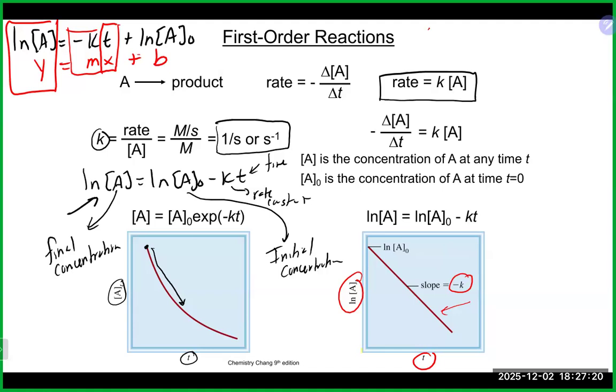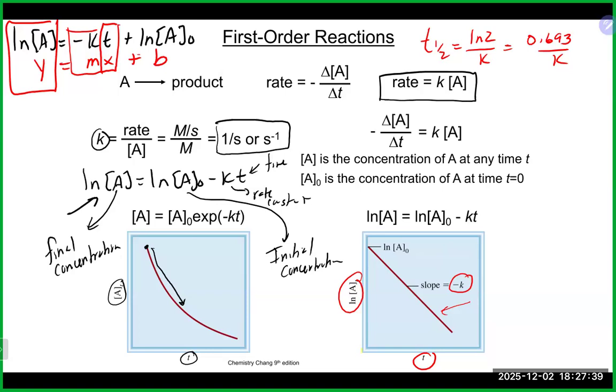There is also a half-life equation for first order, which is the natural log of 2 divided by the rate constant. That is 0.693 divided by k. The half-life is pretty much what it sounds like. It is the time it takes for half of whatever you started with to go away.